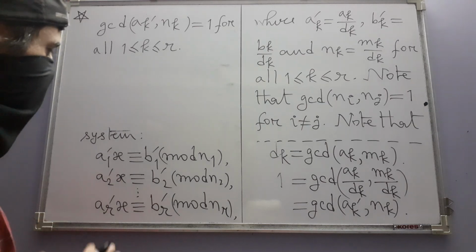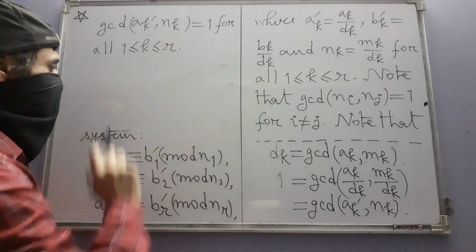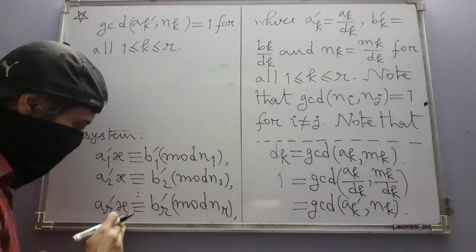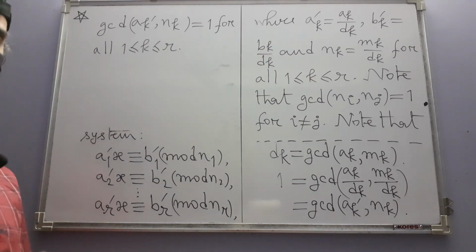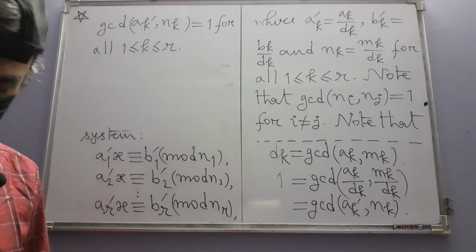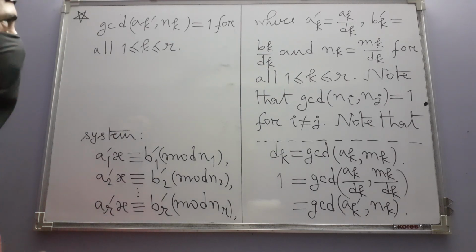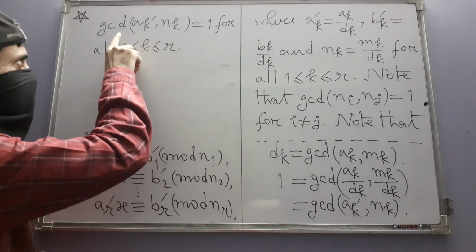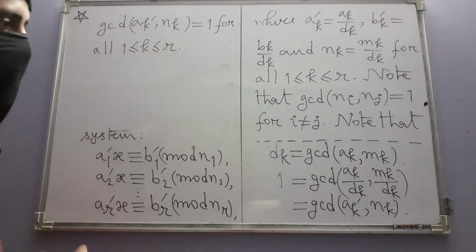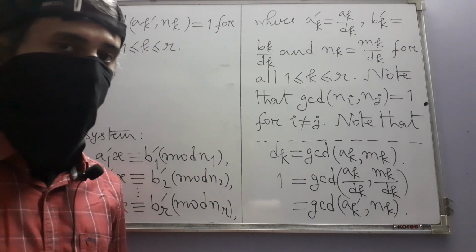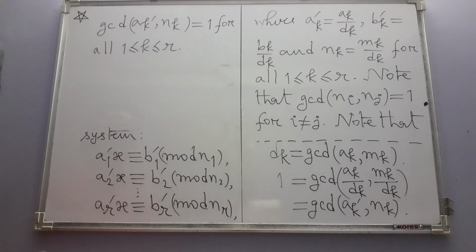And additionally, because of this, these congruences can be further simplified. How? You remember that the GCD of two integers can be expressed as a linear combination of those integers. So let us use that fact on the kth congruence.